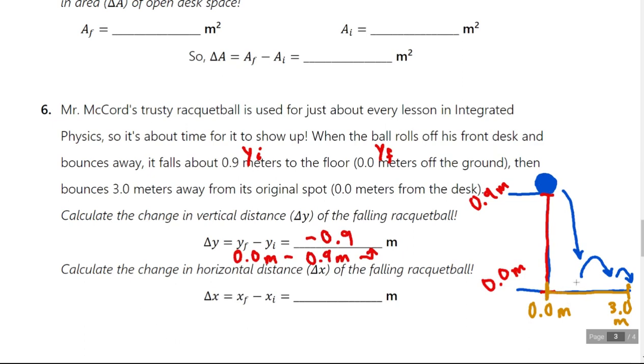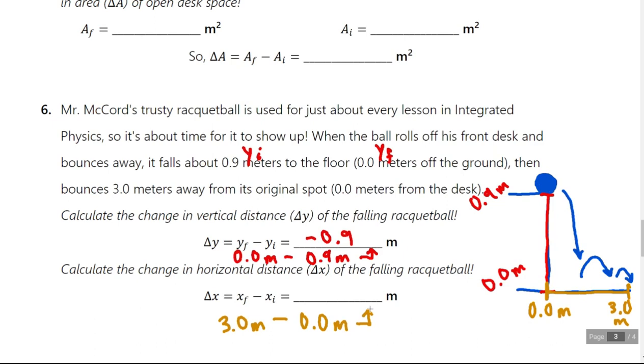Again, I'm not cheating, because all I care about is the difference between these two measurements. If I take my final measurement, where the ball bounced to farther away, which is 3.0 meters, minus my starting place, which was 0.0 meters, you're going to have to break out the calculator for this one.